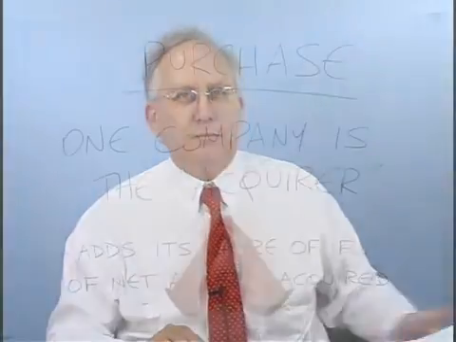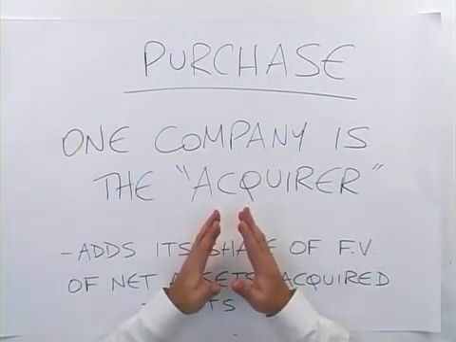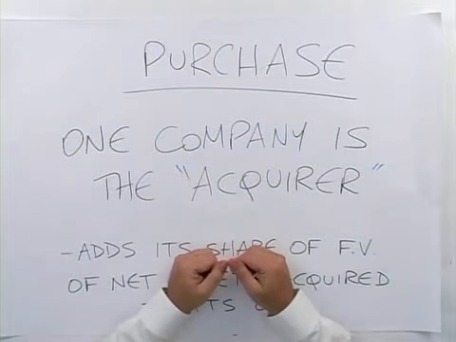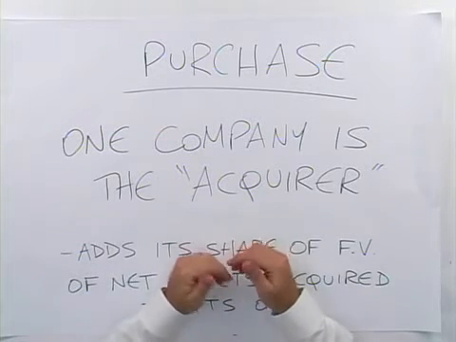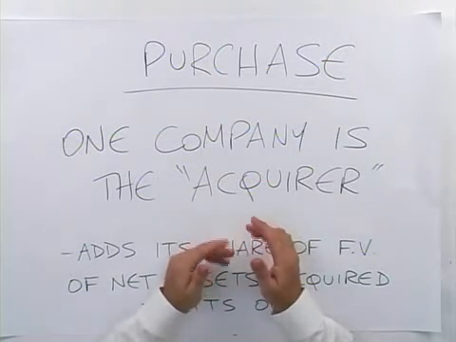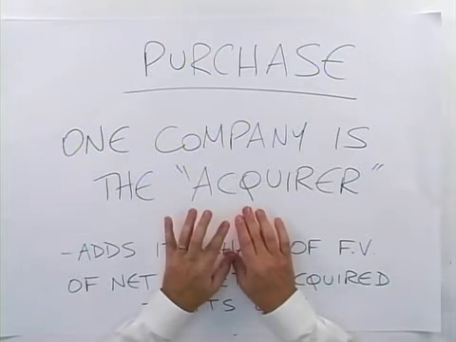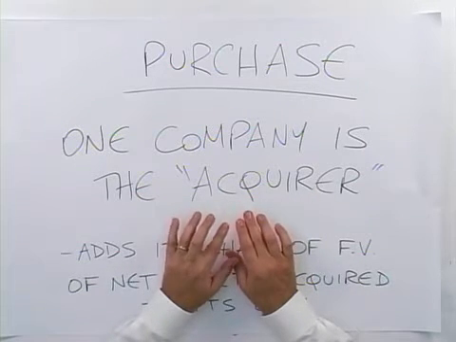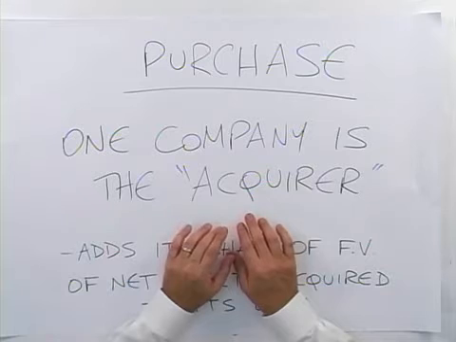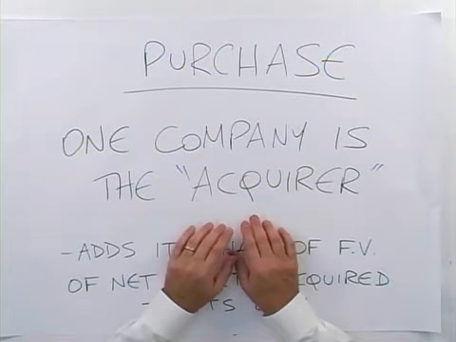On the income statement, it's a little bit different. In a purchase, one company is always going to be considered the acquirer of another. One company is always doing the buying, and the other is being bought. The two companies don't have to be the same size. Not nearly. One company can be many orders of magnitude bigger than another.